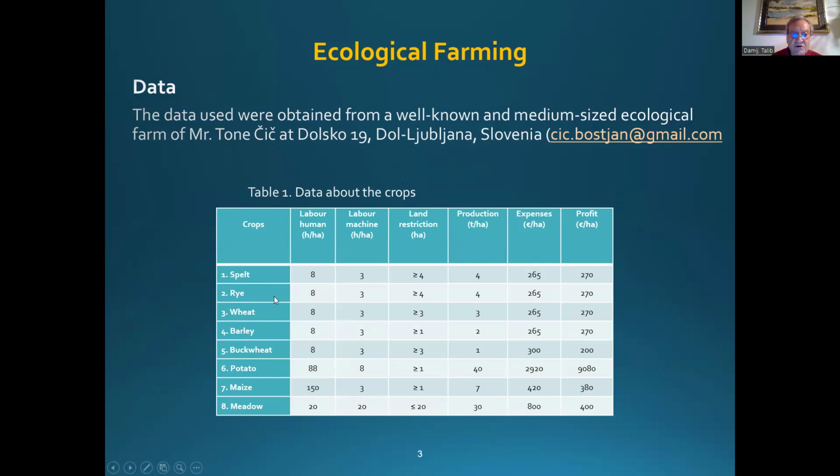In the rows of the table, we show 8 crops. And in the columns of the table, we show key information related to these crops, such as human labor, machine labor, land restriction, production, expenses, and profit.